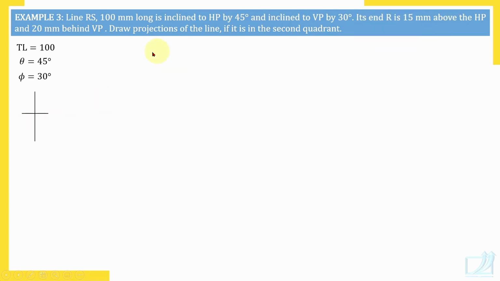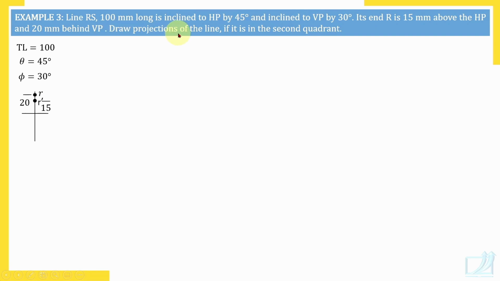It is 15 millimeters above HP. R dash, the front view, gives the distance from HP, and 20 millimeters behind VP. So behind the XY line you should measure 20 millimeters. So 20 millimeters behind the XY line, R. So you have realized that point R is in the second quadrant.